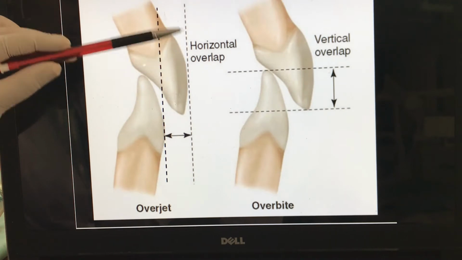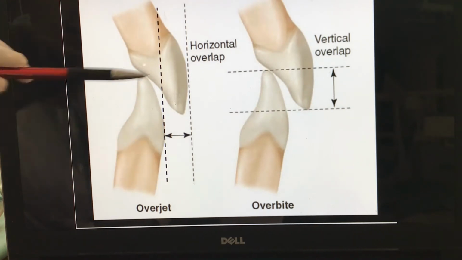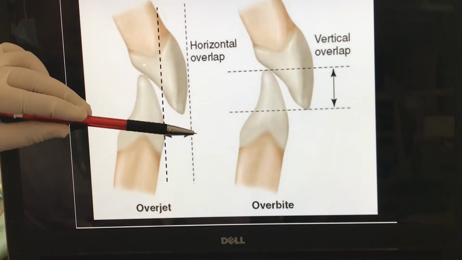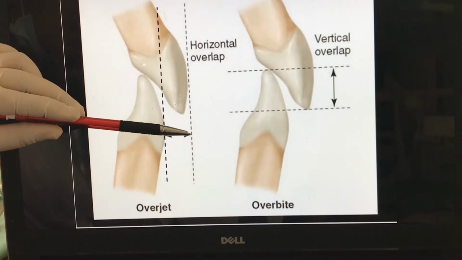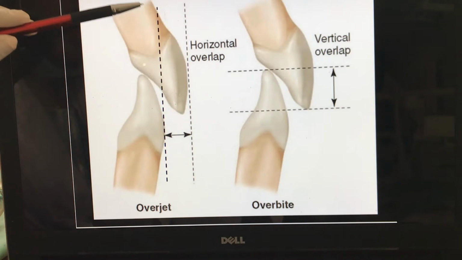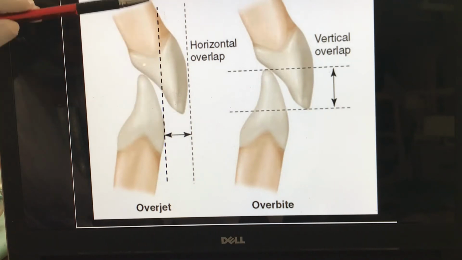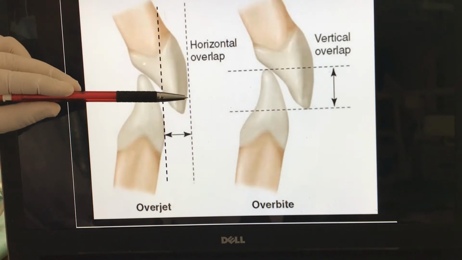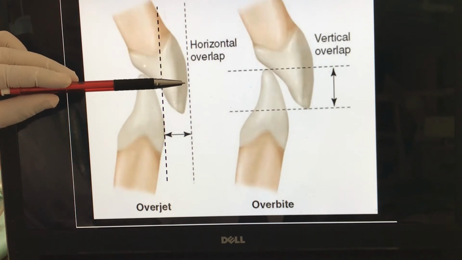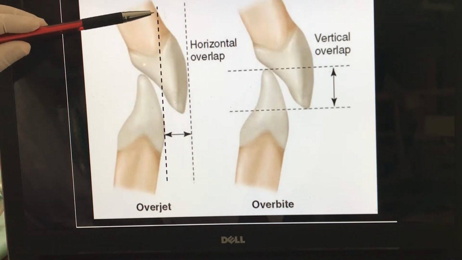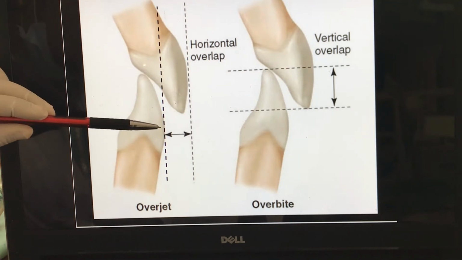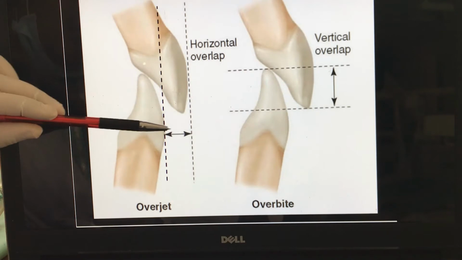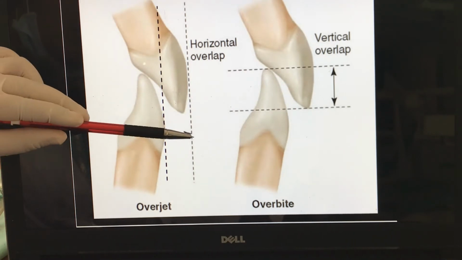Now we shall see what is overjet and overbite. So overjet is nothing but the horizontal distance. This distance we measure by drawing two vertical lines, one line passing from the most labial aspect of the maxillary central incisor and another line passing from the labial portion of the mandibular central incisors, and we measure the distance between these two lines.